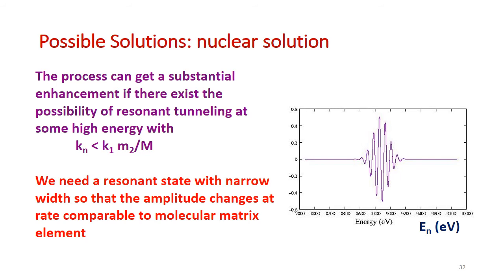It could even be something like this. That'll also work. That would mean a width of the order of 100 electron volts or less, not much larger than 100 electron volts. That'll work. So that'll give you a fairly large contribution. The question is whether such a resonance exists or not, and for which reactions it exists.